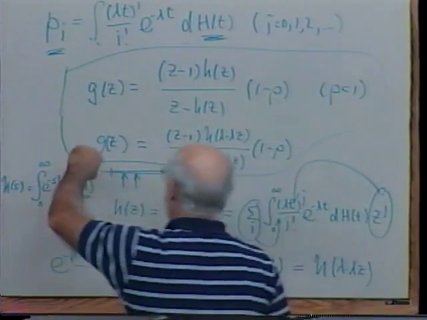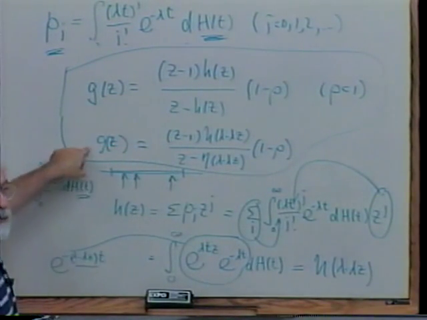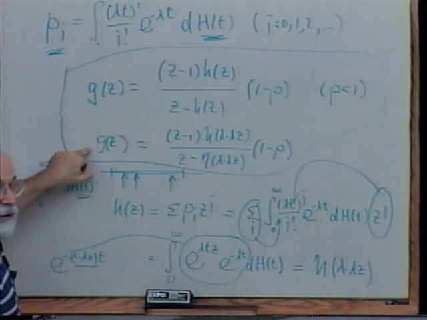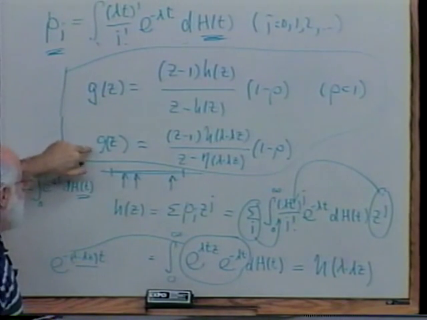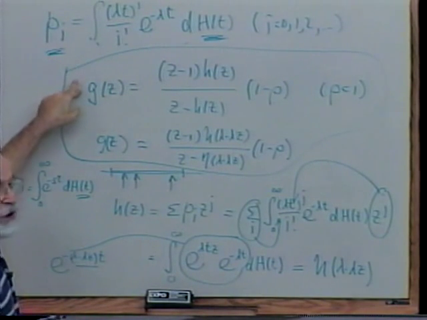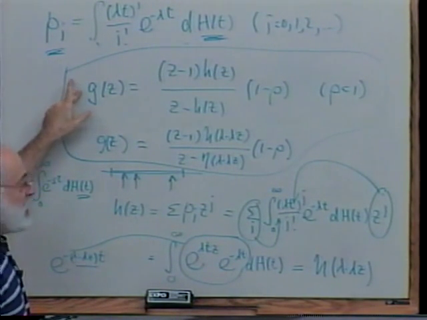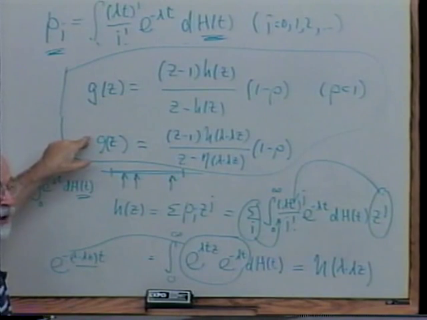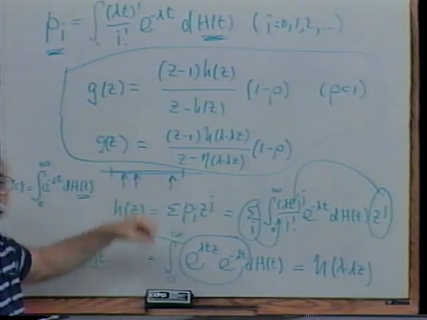Now, this is the generating function of the number of customers left behind by an arbitrary departure. I can calculate the moments of that now by differentiating. For example, I can differentiate and set z equal to 1, and that's going to give me the expected value of the number of customers left behind by a departure.